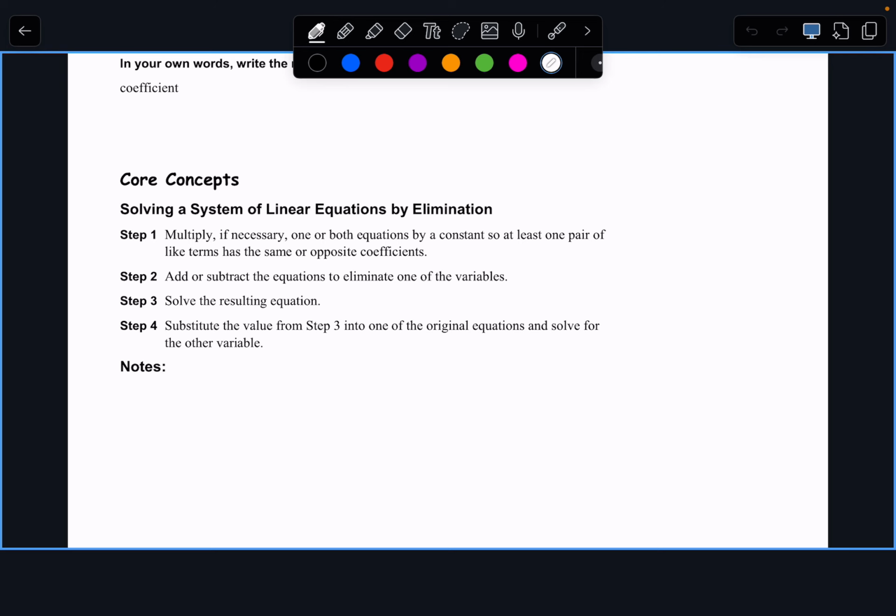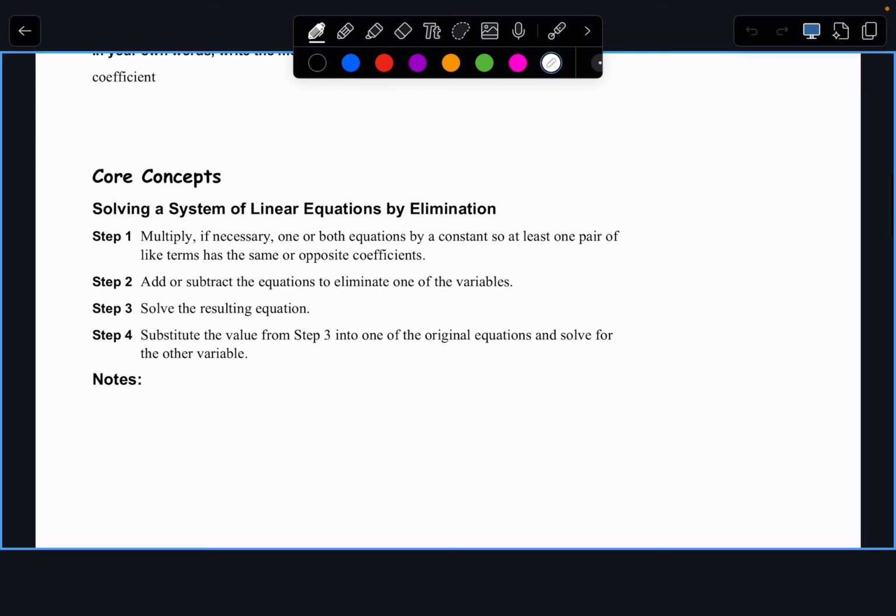Okay? So let me just show you what I mean. The first thing that's going to happen is we're going to look at our system of equations and we need to decide, do we have a variable where the coefficients are opposite? Miles, give me an example of two numbers that are opposite.